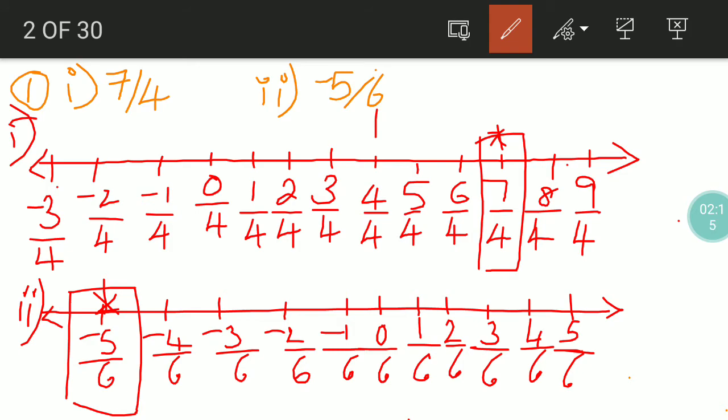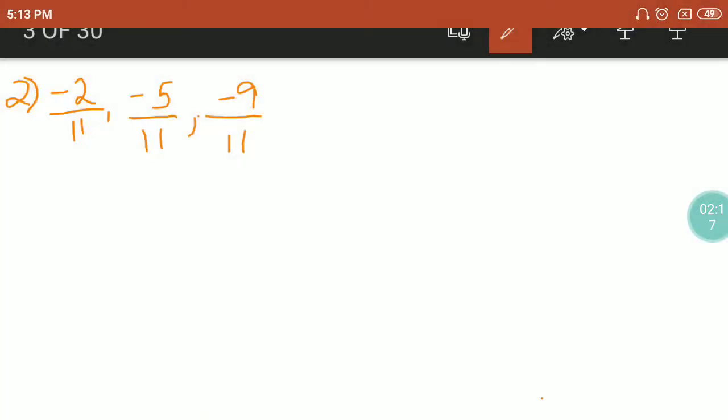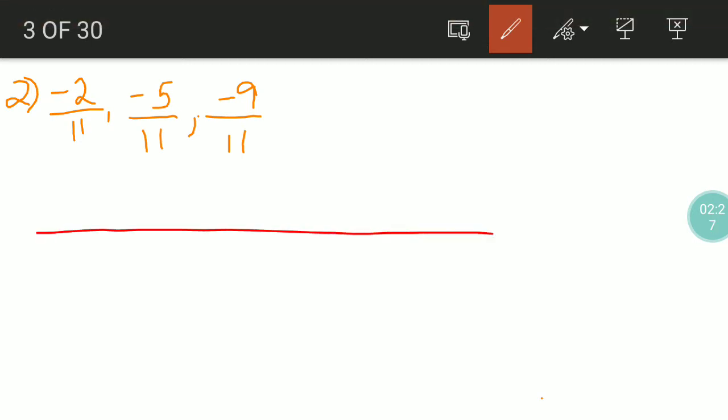Now we will see the second main question. We have to represent minus 2 by 11, minus 5 by 11 and minus 9 by 11 on the number line. So for that we need one number line, right? All are negative, you can observe, right? Minus, minus and minus.